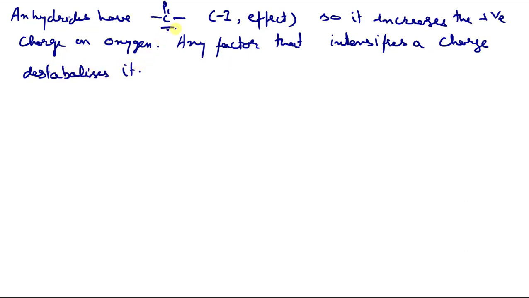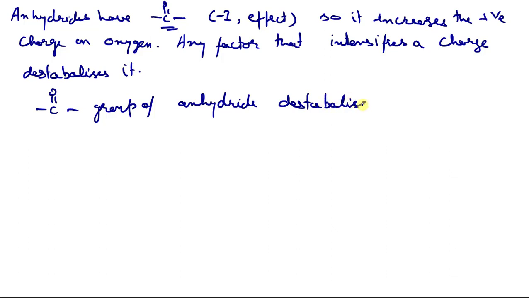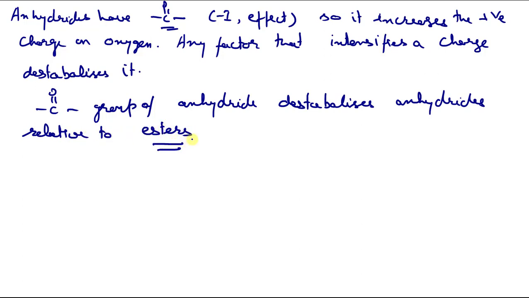So this carbonyl group, CO group of anhydride, destabilizes anhydrides relative to esters. So from here what we have learnt, esters are more stable than anhydrides.